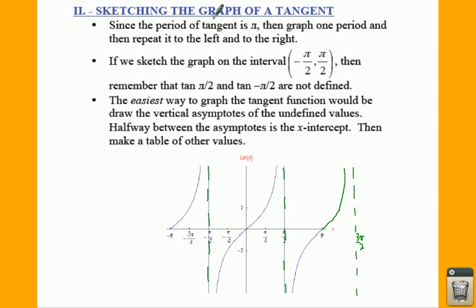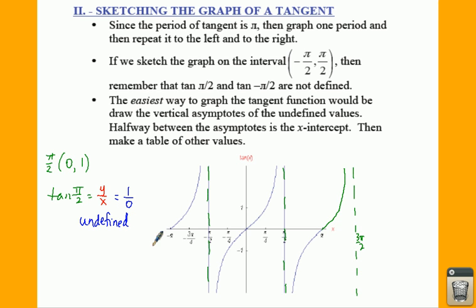So when we look at these bullet points here, since we have a period of pi, then one period is going to be between the interval of negative pi over 2 to pi over 2. If you remember, tangent of pi over 2 and tangent of negative pi over 2 are undefined. The ordered pair at pi over 2 is 0, 1. So the tangent of pi over 2 is your y value over your x, which gives you 1 over 0, which is undefined.